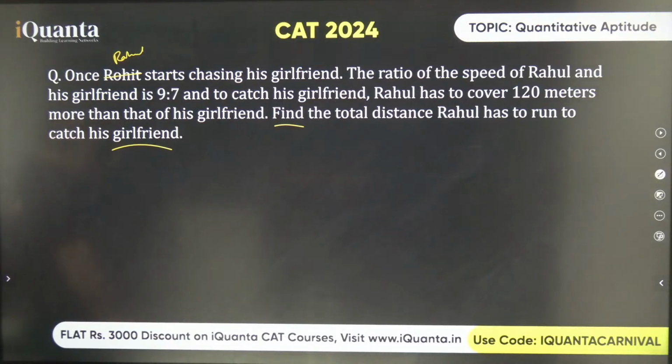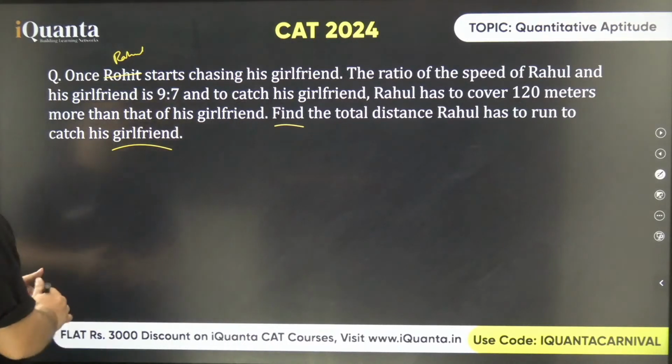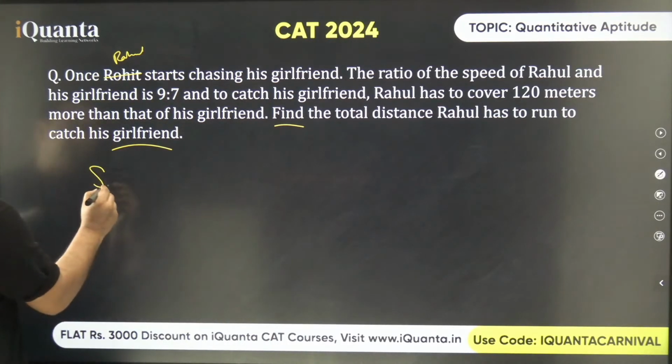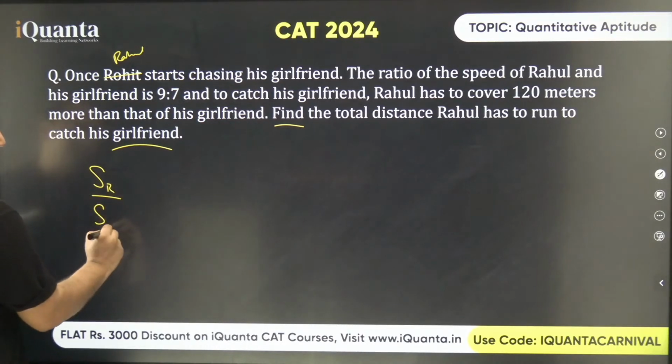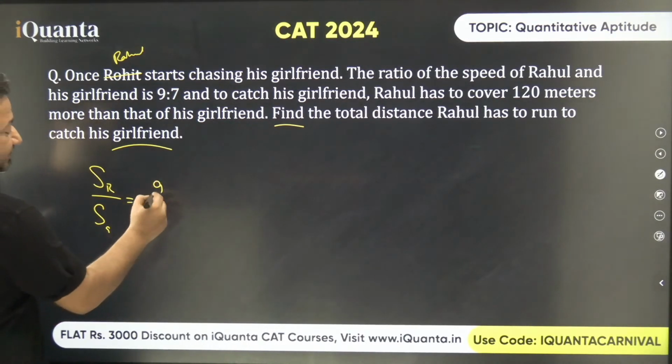How are you going to solve this question? Speed of Rahul upon speed of his girlfriend, the ratio is 9/7.